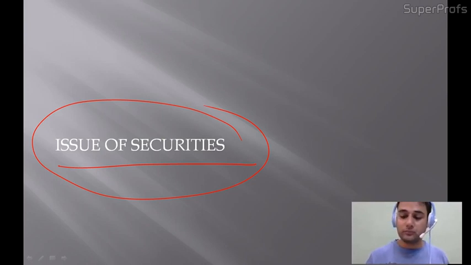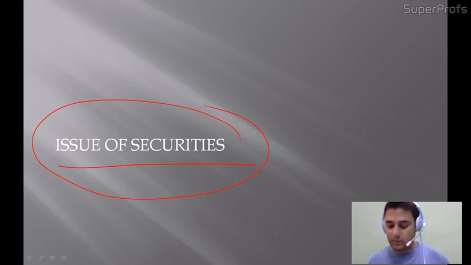Then there is a list of particular organizations, not individuals but the types of entities, that are not eligible to make a public offer. Just to name a few: the issuer or any of its promoters or directors in control of the issuer who are debarred from accessing the market by SEBI.